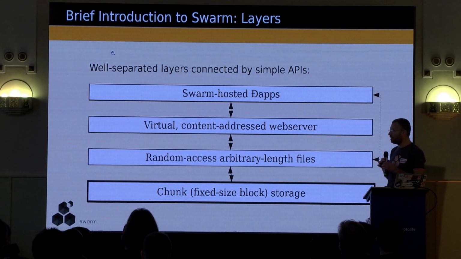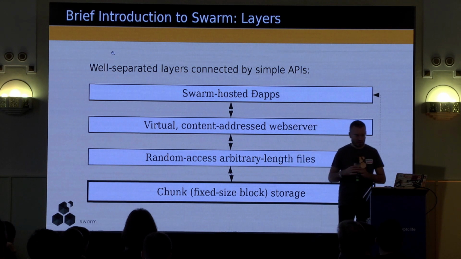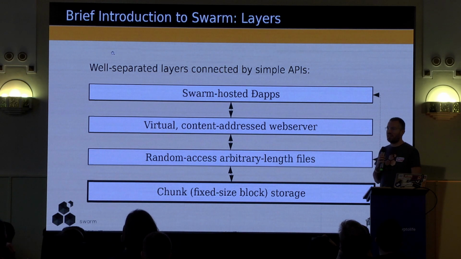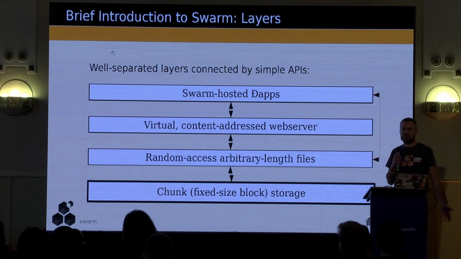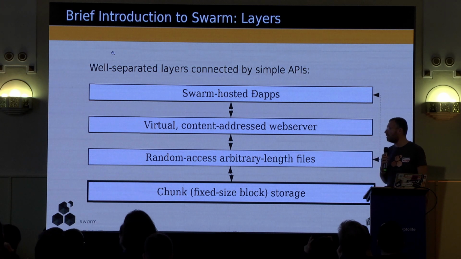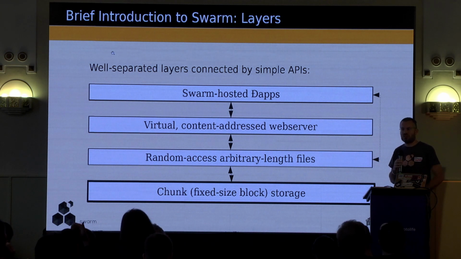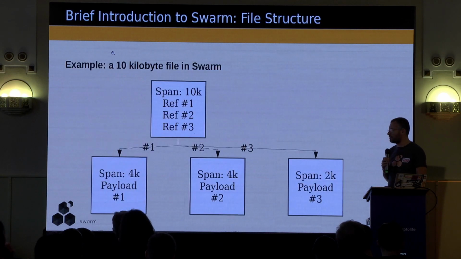The encrypted and the unencrypted Swarm differ only on this link, which means that participants in the Swarm network, the nodes, do not need to be aware of encryption or unencryption. All they see is chunks, and the encrypted chunks look exactly like unencrypted ones. And also the applications above this do not need to bother a lot with encryption, because all they will see is that the references are different.